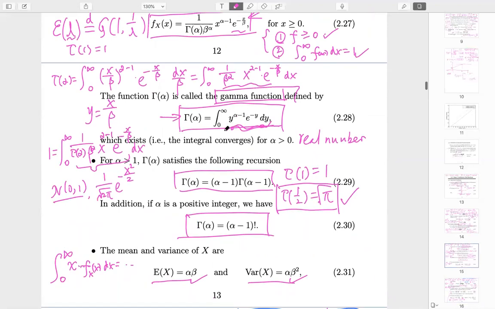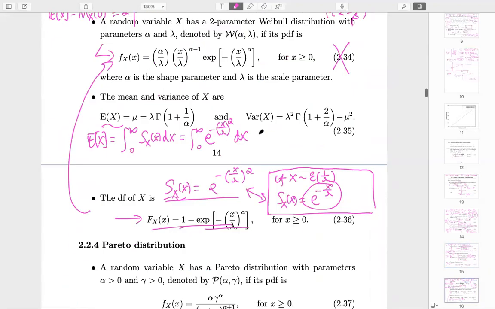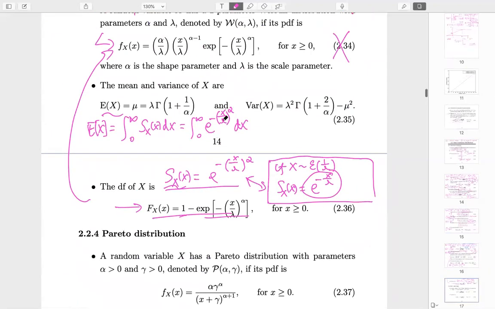If you go back to the gamma function, we have some power term times an exponential, but here we only have the exponential. However, this is not negative y, this is negative some power. That motivates you to do a change of variable. Once you do the change of variable, you will see the connection.